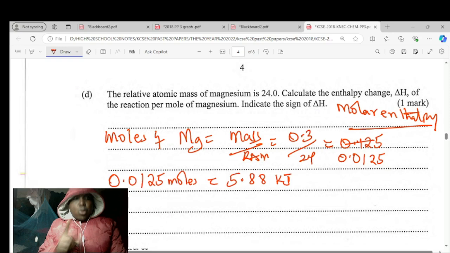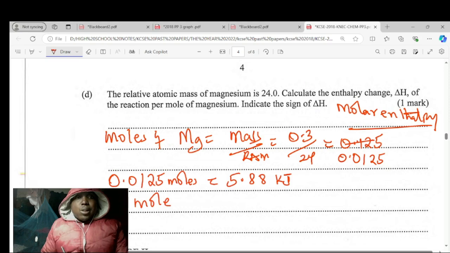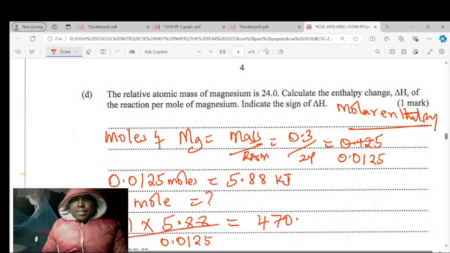So we will ask, 1 mole will produce how much? So it is 1 times 5.88, you divide by 0.0125. This one gives us 470.4 kilojoules per mole.